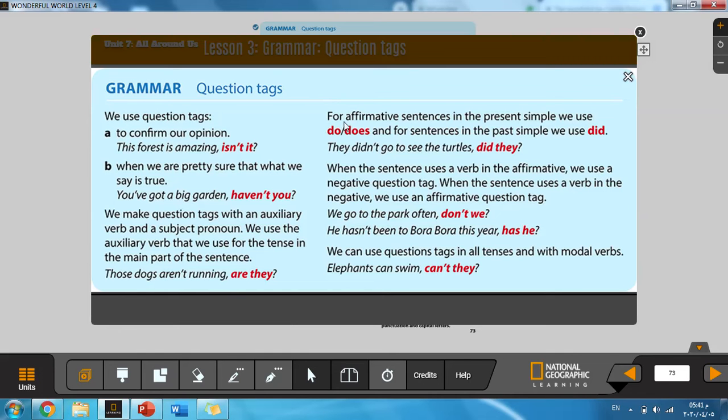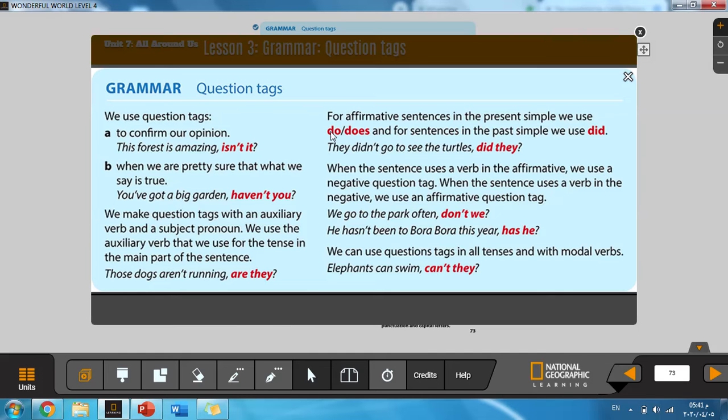Now here he's talking about the affirmative sentences in the present simple. We use do and does. And for sentences in the past simple, we use did. In the present simple, in the affirmative sentences, we use do, does.